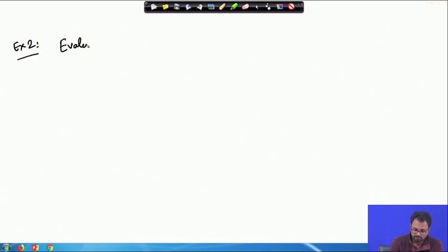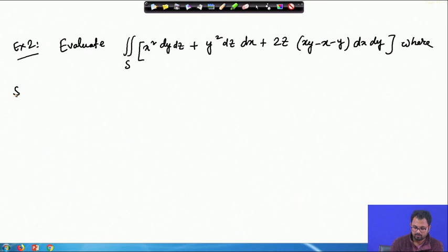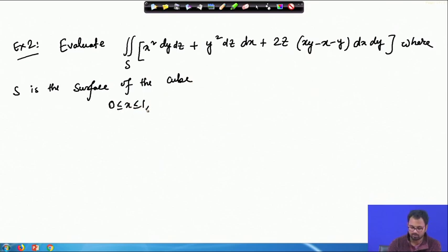Evaluate the surface integral of x square dy dz plus y square dz dx plus (2zxy minus x minus y) dx dy, where S is the surface of the cube 0 less or equal to x less or equal to 1, 0 less or equal to y less or equal to 1, and 0 less or equal to z less or equal to 1.